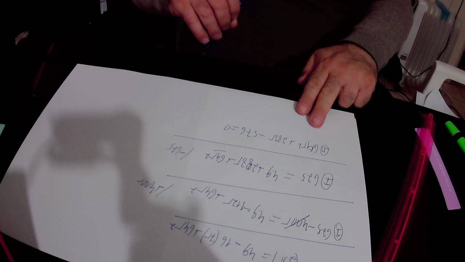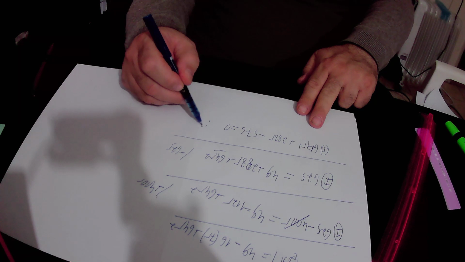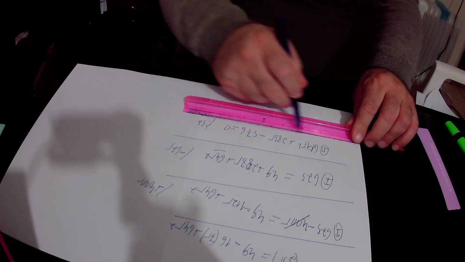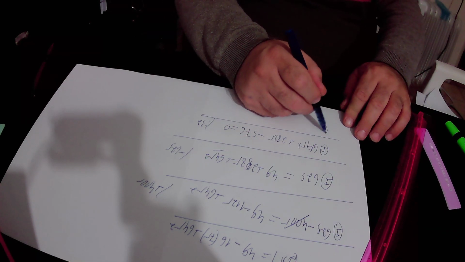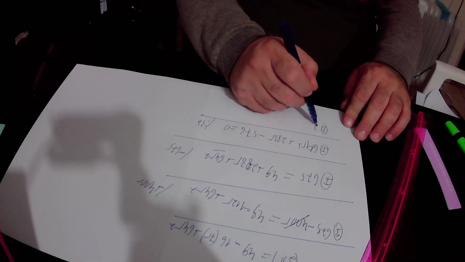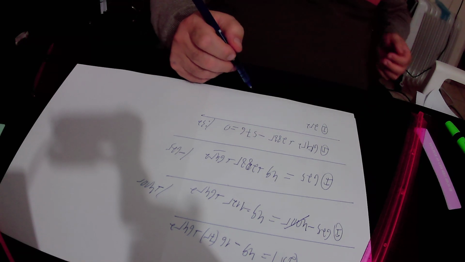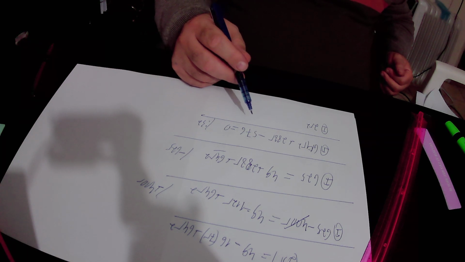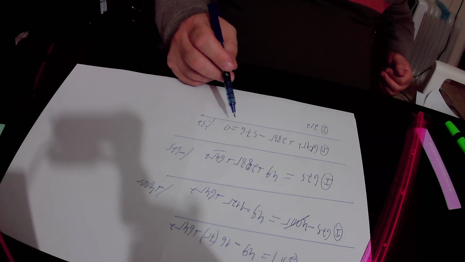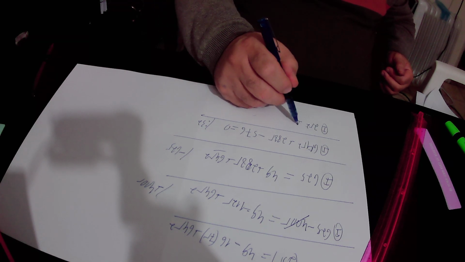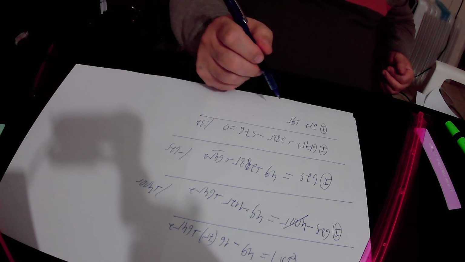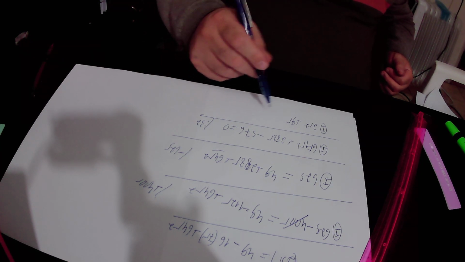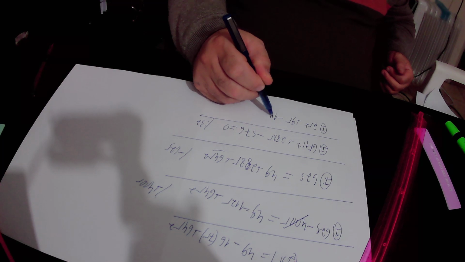Here we will divide equation number 1 by 32, and we'll get that 64 over 32 is 2, so this expression equals in total 2r squared. 288r over 32 is 9r. And minus 576 over 32 is minus 18. That is equal to 0.